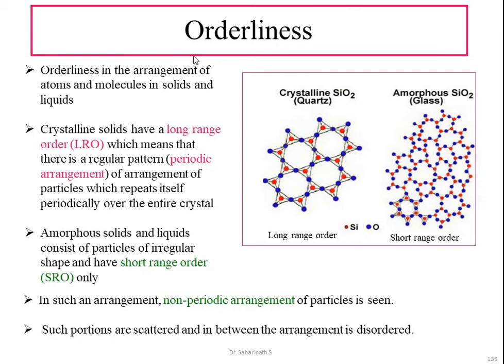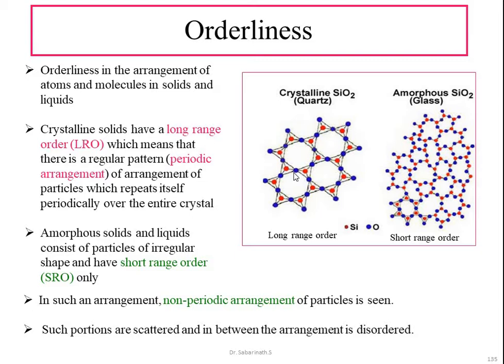Another important factor we need to study is orderliness. Orderliness is the arrangement of atoms and molecules in solids and liquids, that is, how the repeating units, atoms or molecules are arranged.